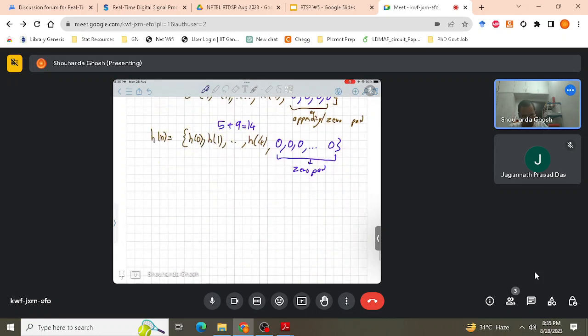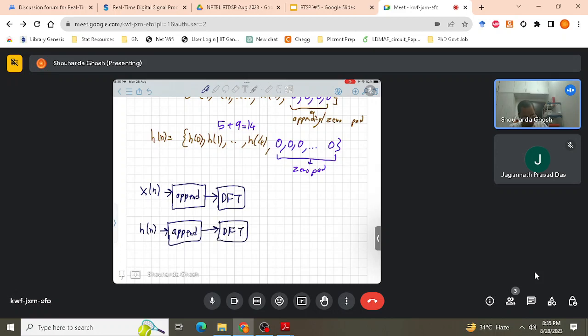So we take this xn, do some zero appending, and hn, do some zero appending, then we take its DFT, and we take this DFT as well. Now we multiply the two DFTs. What was the DFT here?